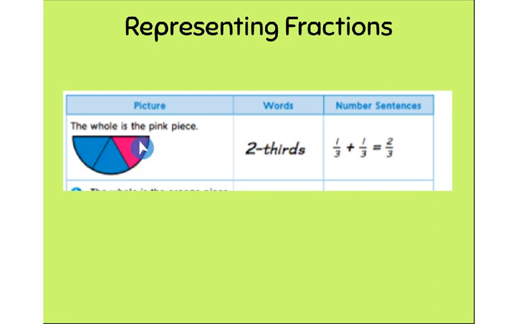So here's another example. This is my whole shape here, and I can count it as 2 out of 3, or I could say it as 2/3. And I can write it as a number sentence and say 1/3 plus 1/3 equals 2/3, because I have, this is 1/3.